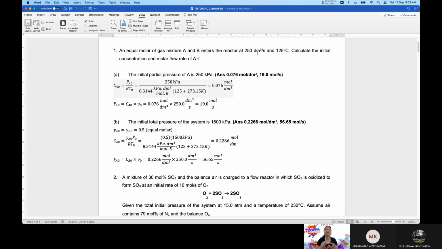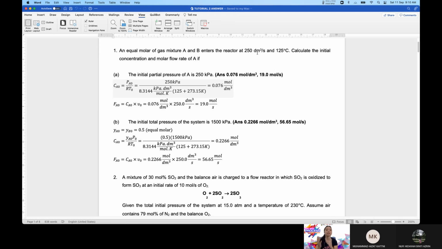So, if we digest this information in the form of mole fraction, we can say that the mole fractions will also be equal. Meaning, initially we will have 50 mol percent A and 50 mol percent B. The percentage entering will also be the same, because the concentrations are the same, so the molar percentages will also be the same. So, we can also say that the initial mole percentage of A equals the initial mole percentage of B, which equals 0.5.